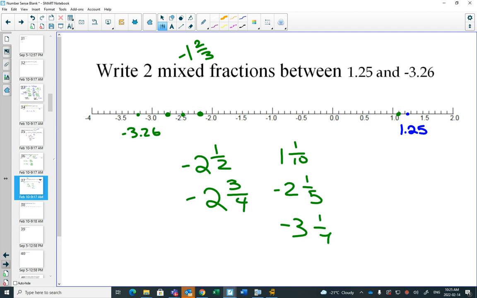-3 and 1/4, which would be right. Okay. Bigger or smaller? He's going bigger. Okay.